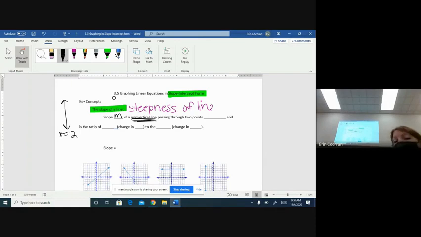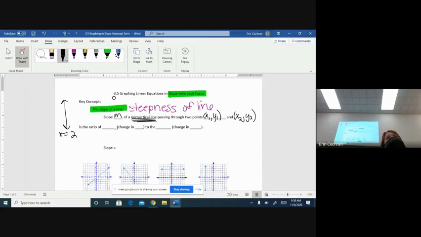That passes through 2 points, (x1, y1) and (x2, y2). And it doesn't matter which one's the ones or the twos. You just keep them together, okay? So there are 2 points because how many points do I need to make a line?